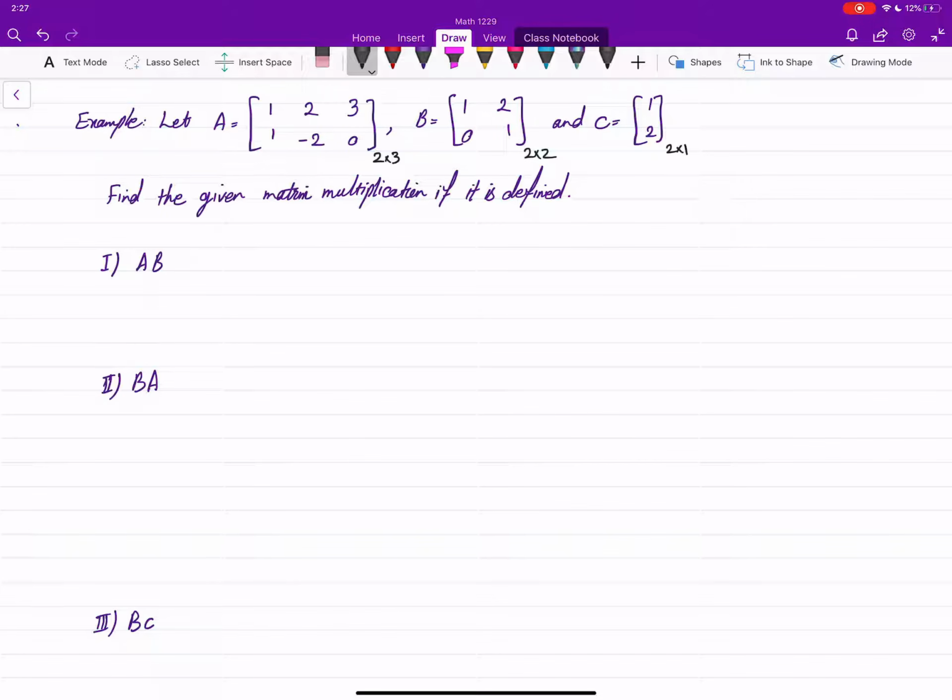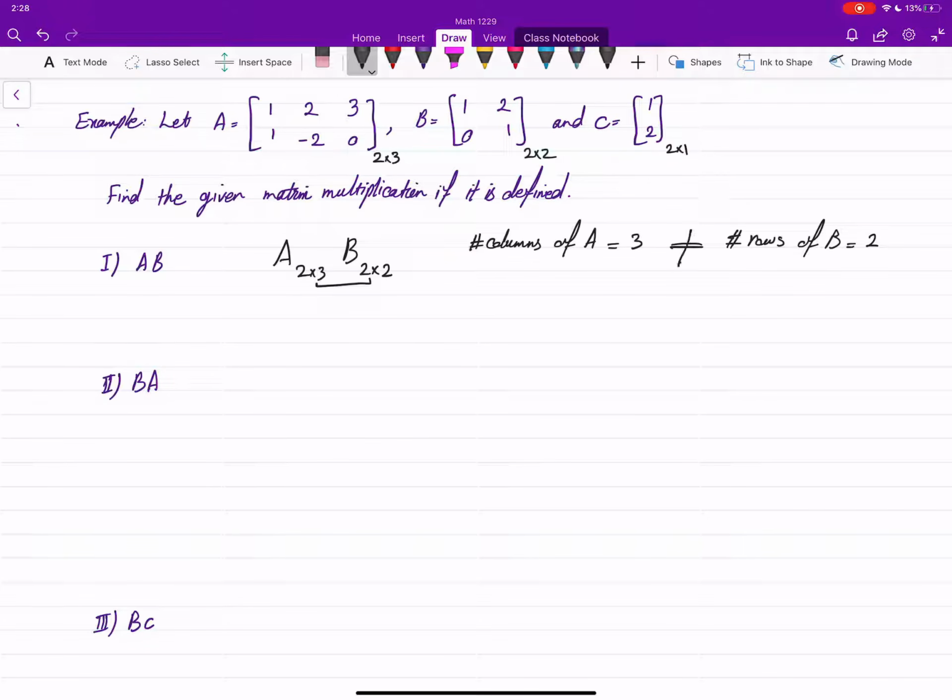The first thing is compatibility. So A is 2 by 3, B is 2 by 2. The two close by indices are not equal. In other words, the number of columns of A, the first one, is equal to 3, and the number of rows of the second one, B, is equal to 2.